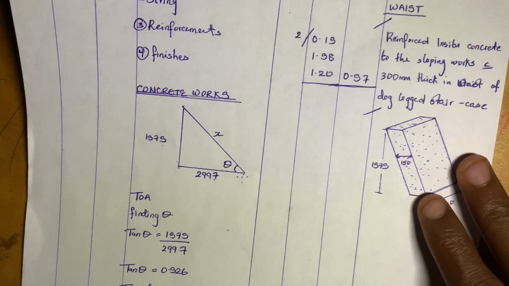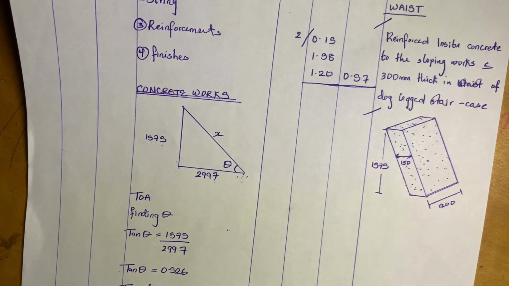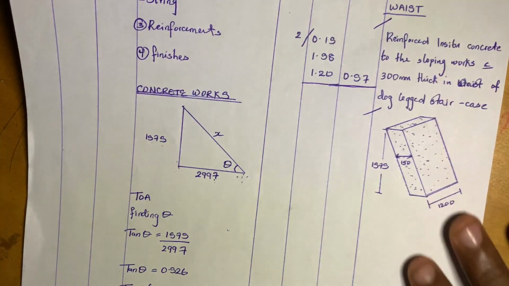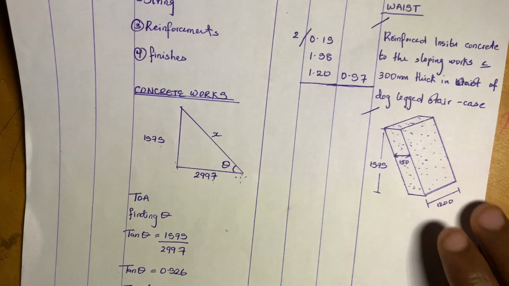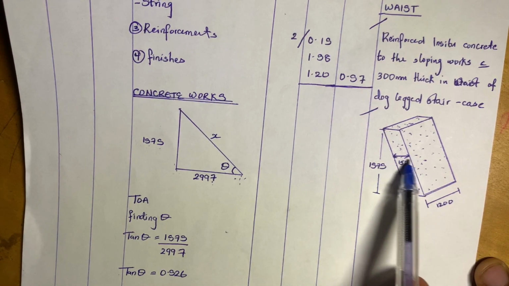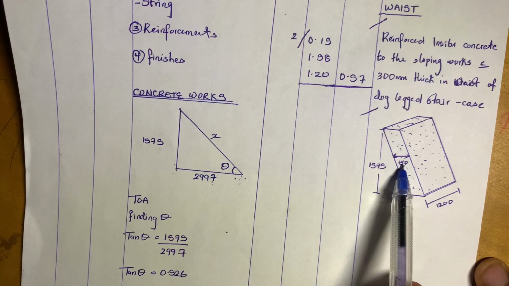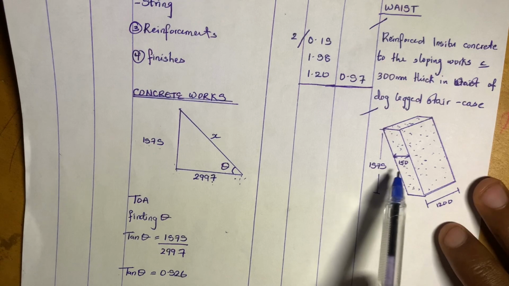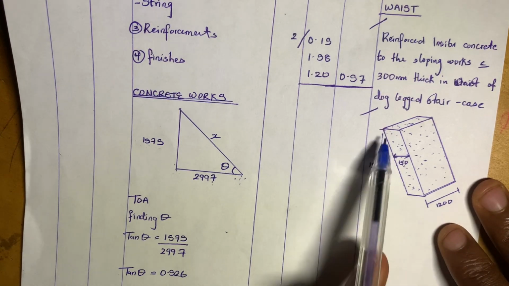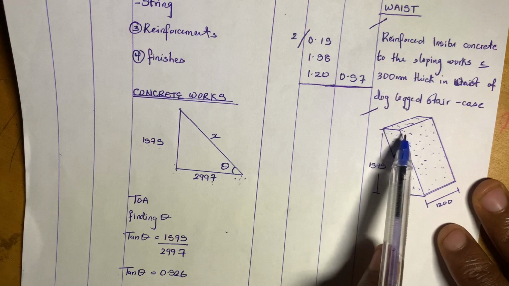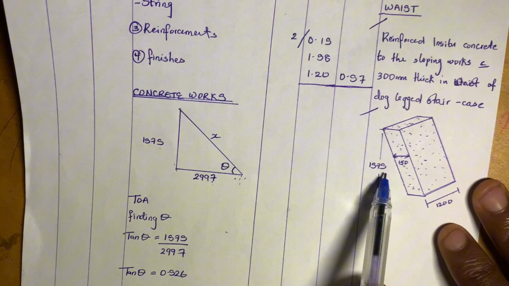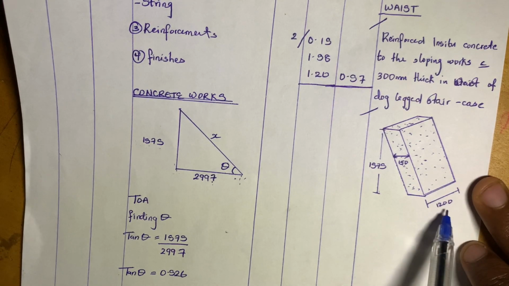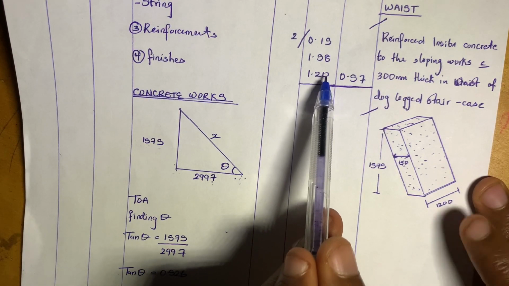So this is a pictorial view of what the waist would look like, the volume of concrete you've calculated for the waist. So this is how it would look like. We said that the thickness, the base, which is the thickness of our waist, is 150, which is 0.15 in meters, and then the height of the waist, or the height of the parallelogram here, is 1575, which is 1.58, and then the width of the staircase, which is 1200, will be our last parameter, 1.20.